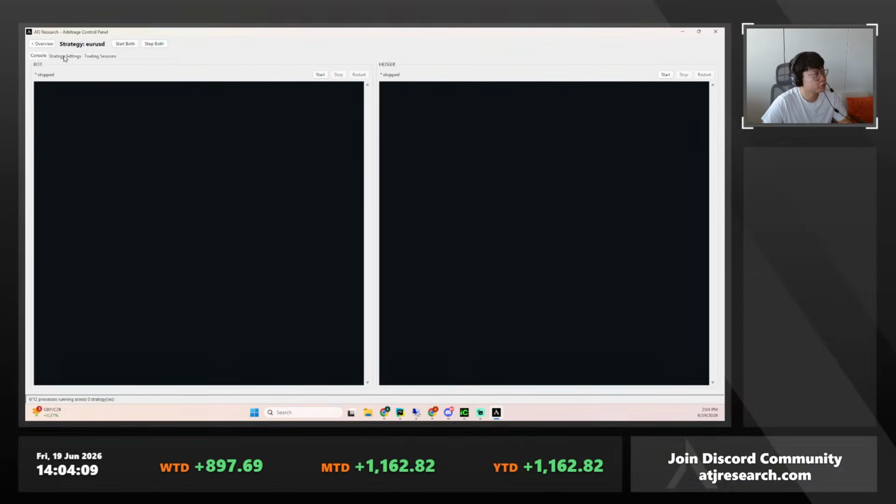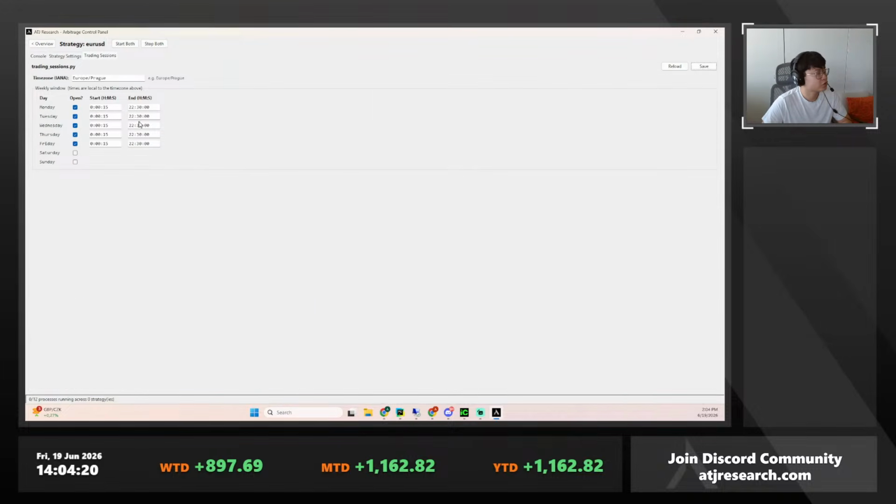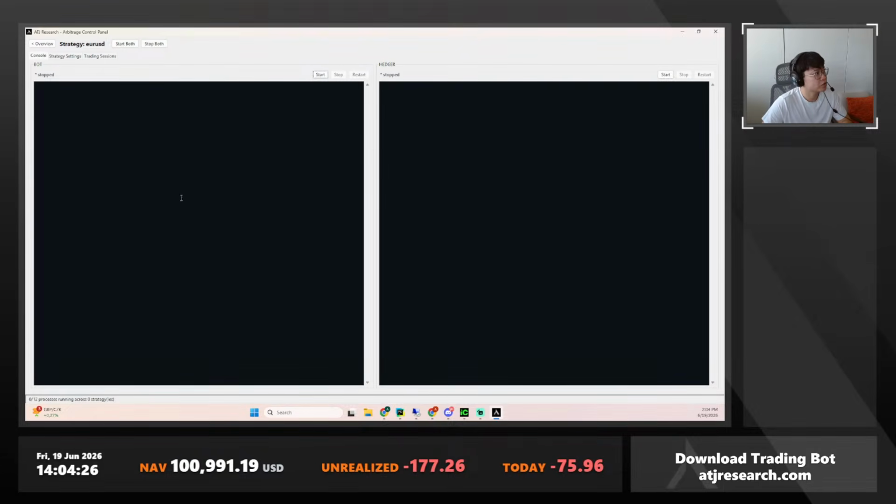If you want to manage the strategies in detail, you can go to strategy settings, edit the strategy settings inside this app, and edit the trading session, when it's supposed to trade. You also have the time zone, and you can turn on the trading bot as you're used to, and then the hedge bot.